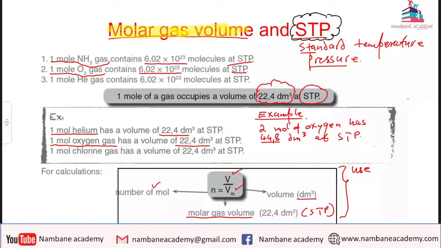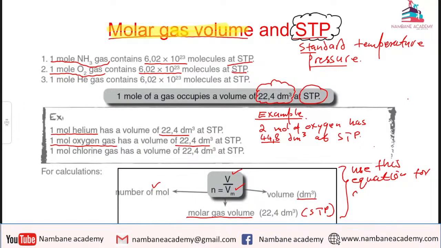We need to ensure that everything that we do, especially working with this equation, n is equal to V over Vm, must be when we work with a gas molecule. That is very, very important, ladies and gentlemen.